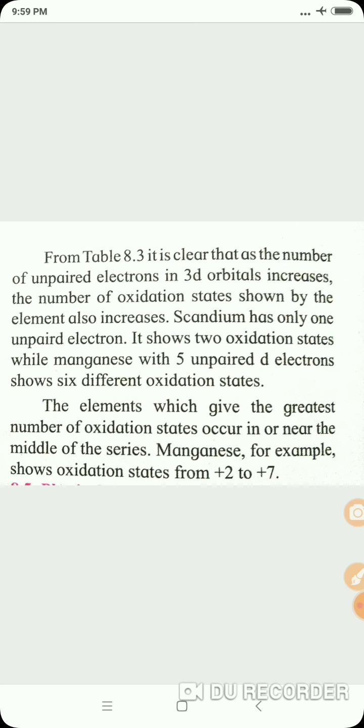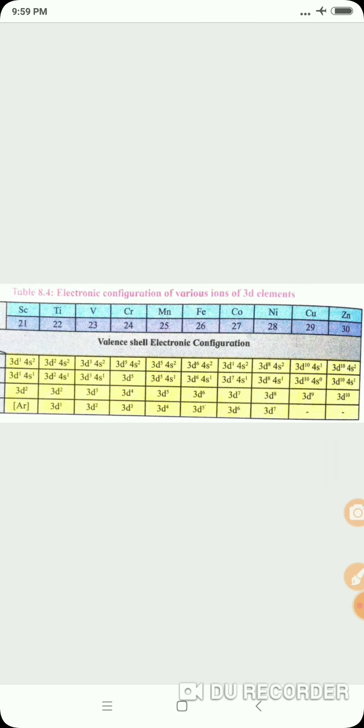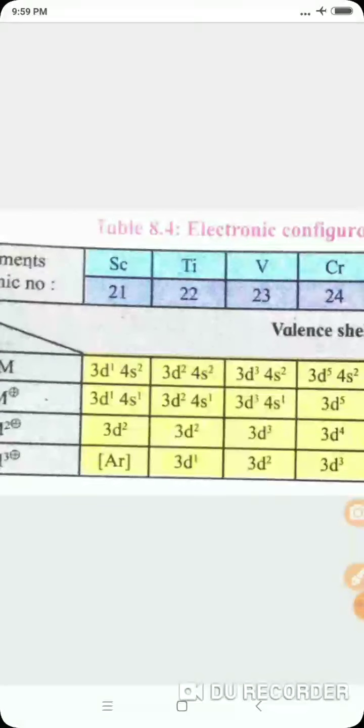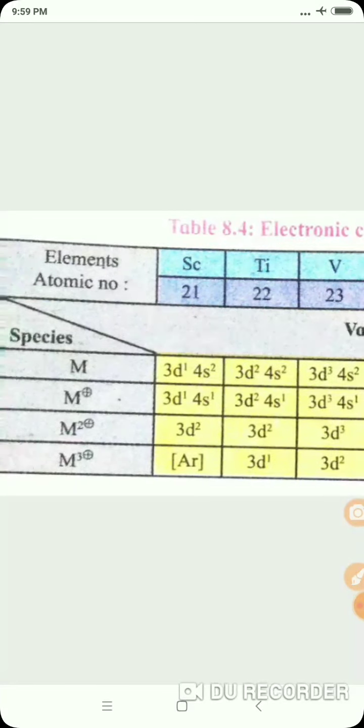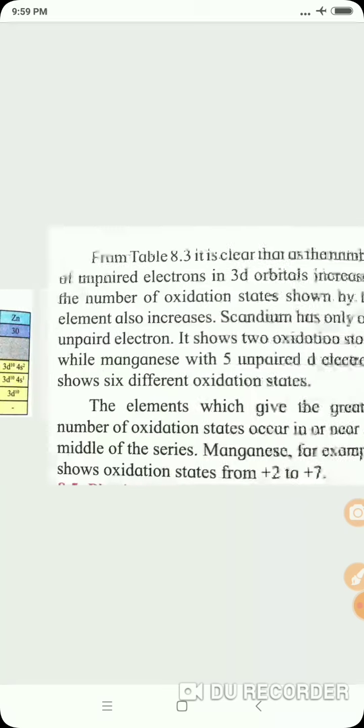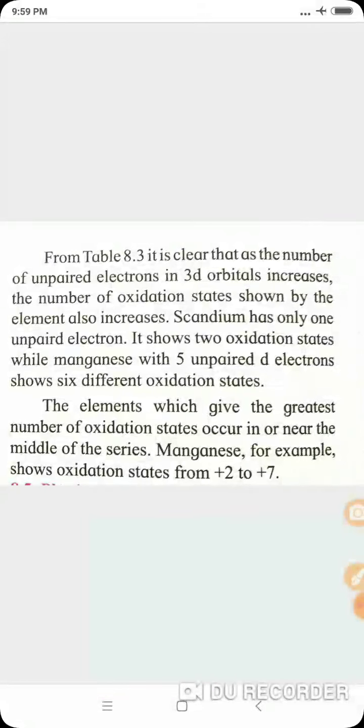Now see the example, the first element, scandium. We already studied that scandium has only one unpaired electron, because scandium contains only 3d1. In front of the capital M, the metal atom, it is 3d1, meaning scandium has only one unpaired electron, in the 3d orbital.